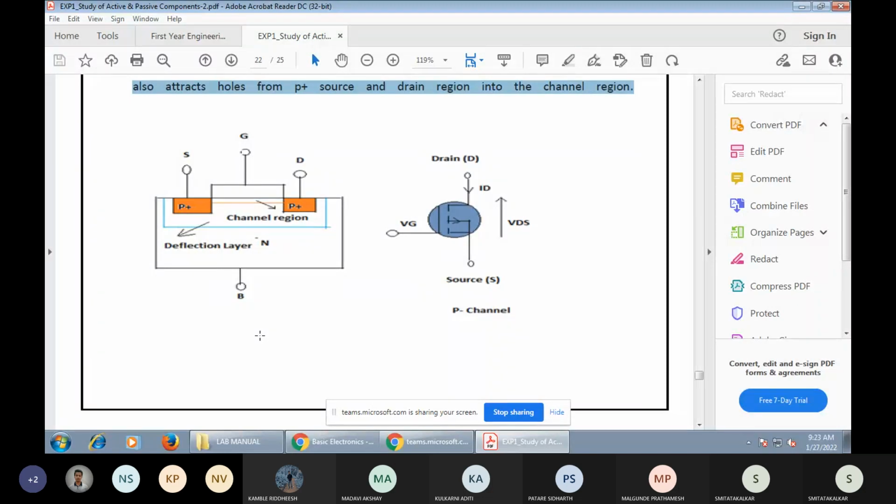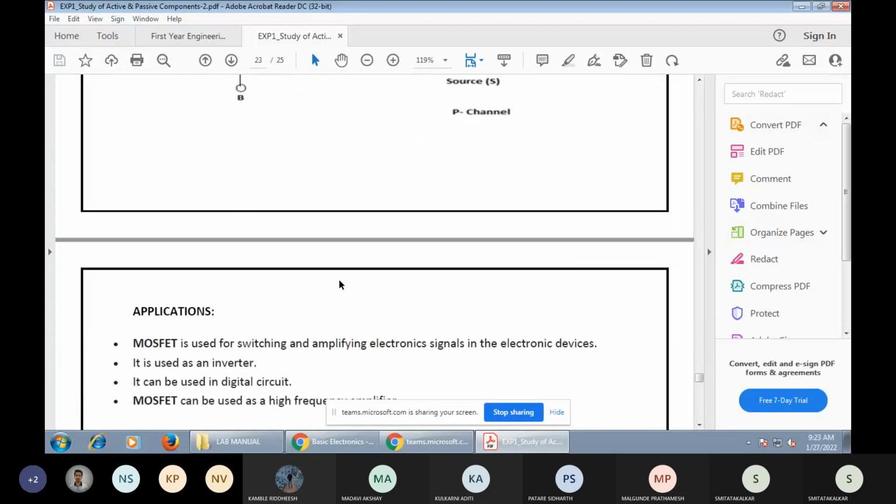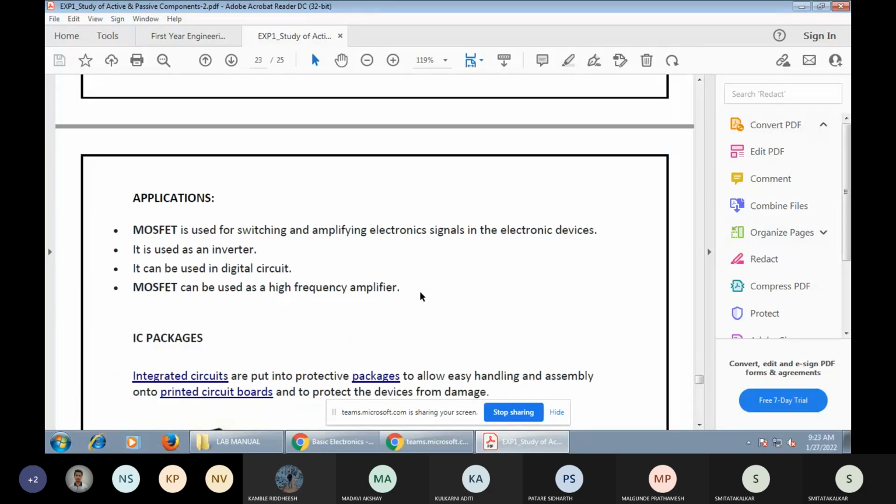Trivalent means 3 atoms are used to generate one silicon material, and a pentavalent donates 5 atoms or 5 electrons to another atom. This was already covered in the semiconductor devices theory. You go through that, and then you can learn the N channel and the P channel in a MOSFET.